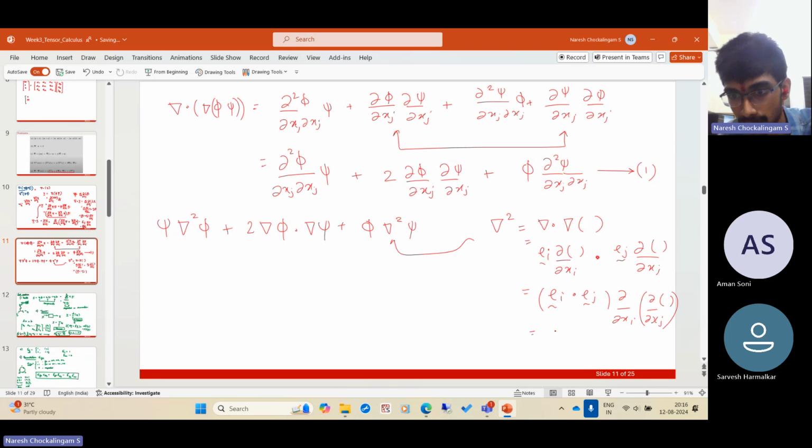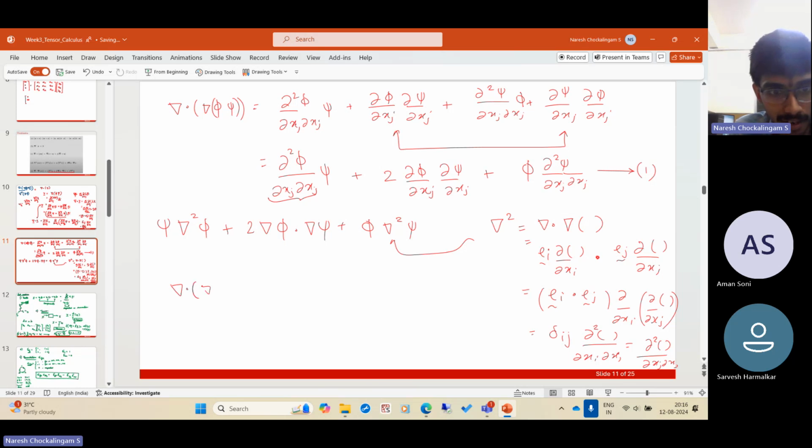So this is δij ∂²(something)/∂xi ∂xj. In place of i, replace j. So this is nothing but ∂²(something)/∂xj ∂xj. This is precisely this.